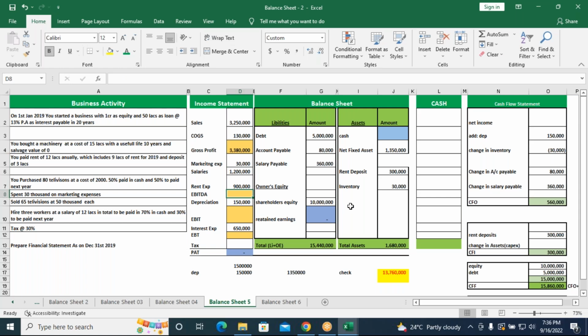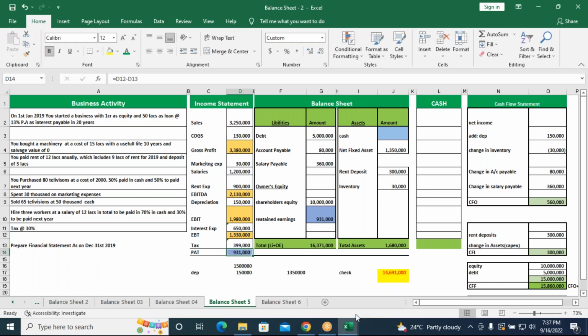EBITDA will be equal to this. Then depreciation will be EBITDA minus depreciation. Enter. So EBT will be equal to minus 65,000. So here tax will be equal to this amount into 30%, means EBT, earning before tax.